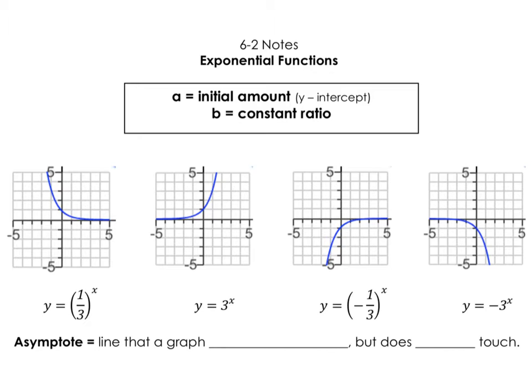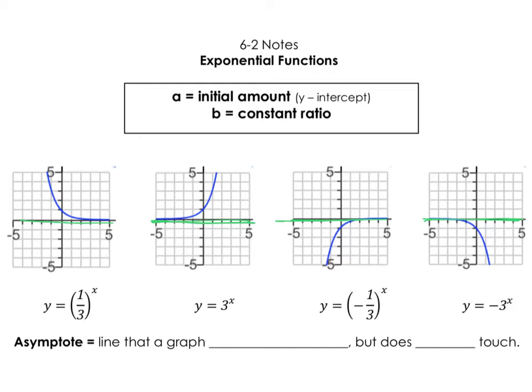So there is like an invisible fence on these graphs that they are getting really close to, but they're never actually touching. I like to think about it as an invisible fence. You can get really close to it, but you don't actually want to touch that invisible fence. And that's what's called an asymptote.